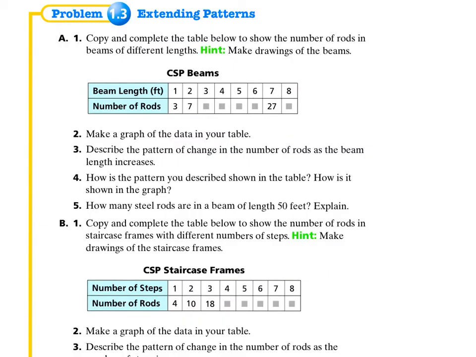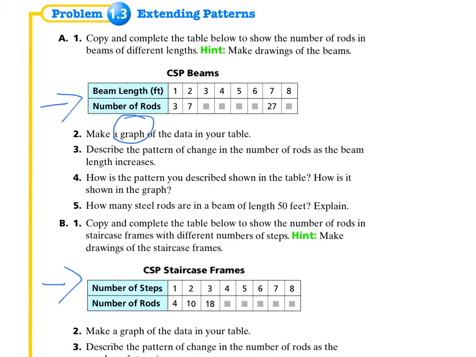So students are asked to use the drawings in the book and make their own diagrams as well to complete a table for each of the situations for the beams and for the staircase frames, and to be looking for patterns. Then they're asked to graph the data and look for patterns. So students are recording the same data in both a table and a graph, and ultimately they're also looking for an equation.